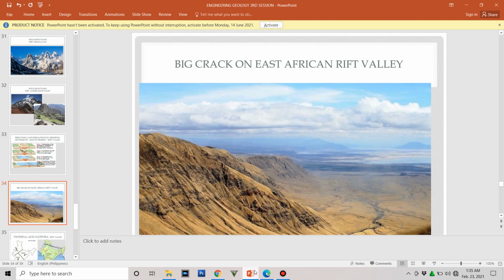So this process is accompanied by surface manifestations along the Rift Valley in the form of volcanism and seismic activities. No? So rifts are the initial stage of continental breakup, and if successful, can lead to the formation of the new ocean basin.